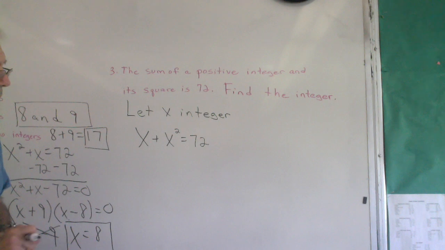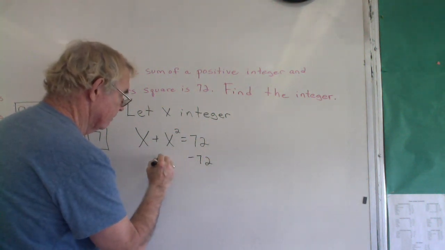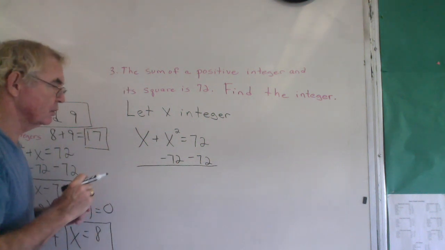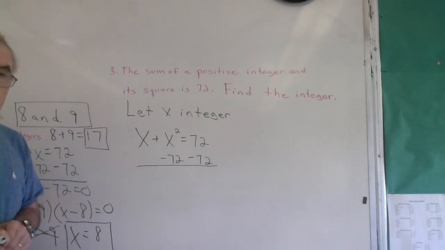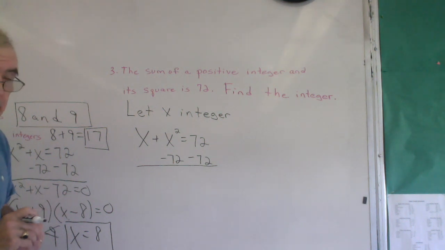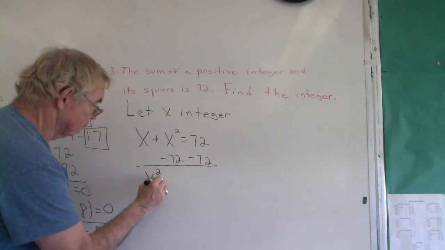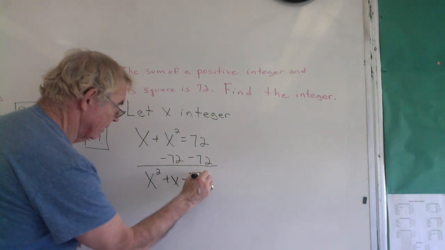Now, we put it in standard form. And I would encourage you to factor with the highest exponent first. That's called descending order. It makes it easier. You put your x squared first, plus your x, minus your 72.